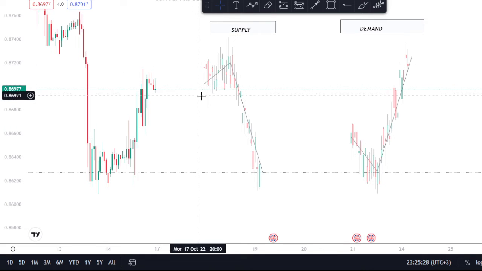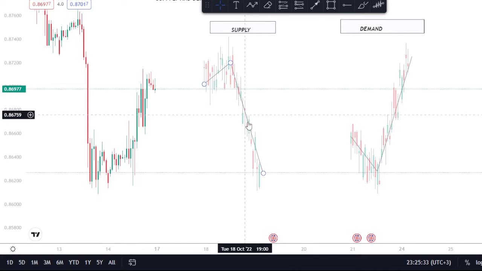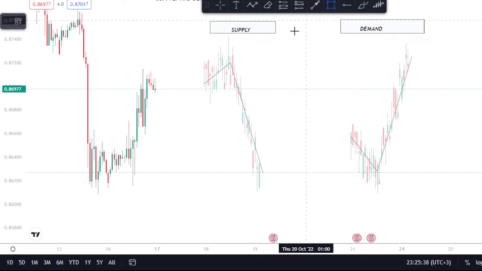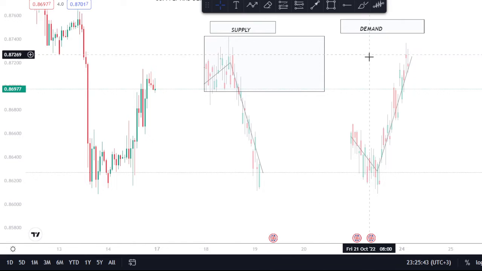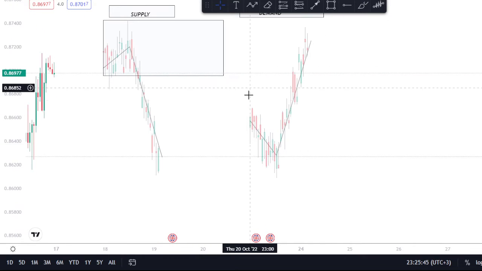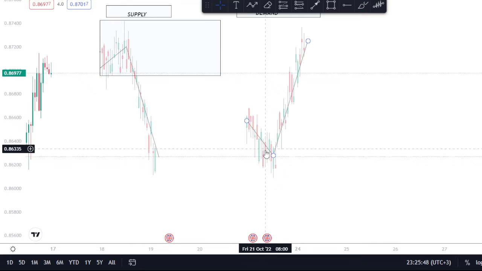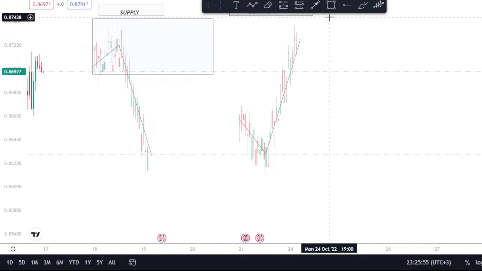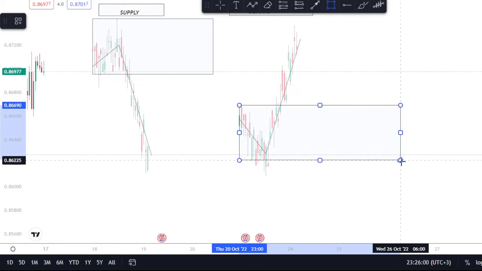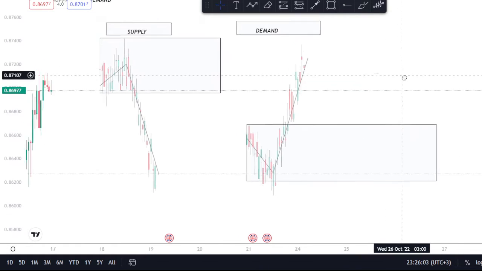This last move caused by the buyers before the sellers came in aggressively, this is what we call supply. Going to demand, when we have sellers, this last move before the buyers came into the market aggressively, pushing the market in the opposite direction or correctively, this is what we call the demand.